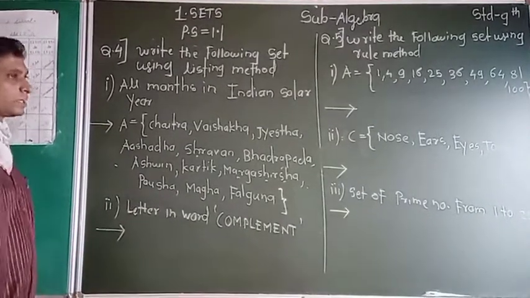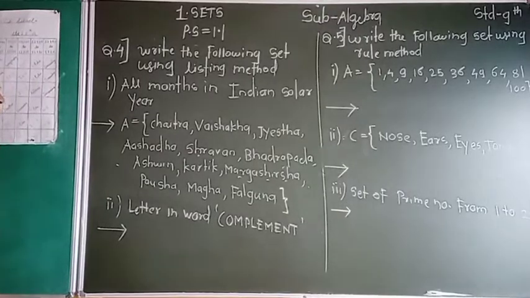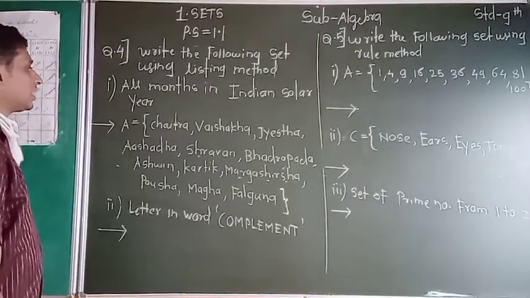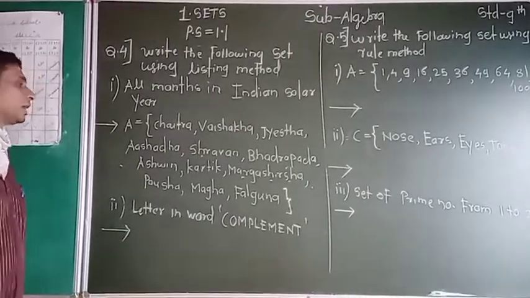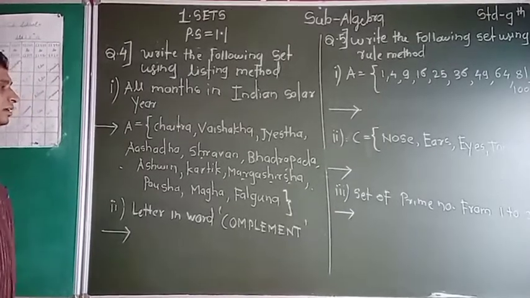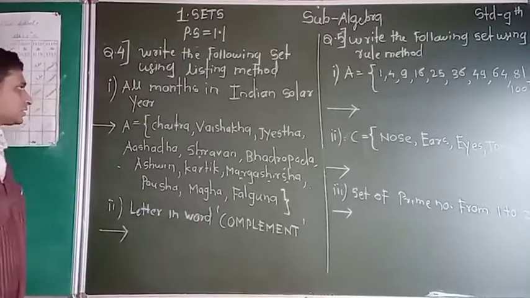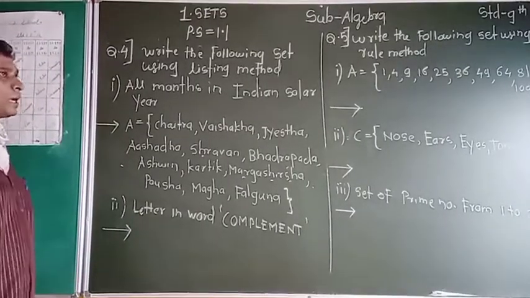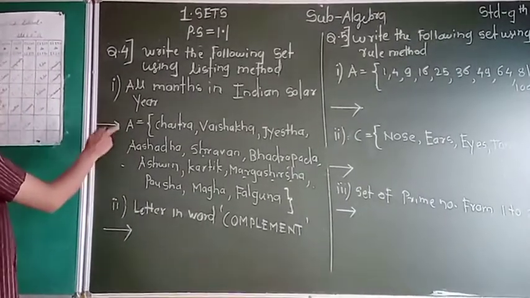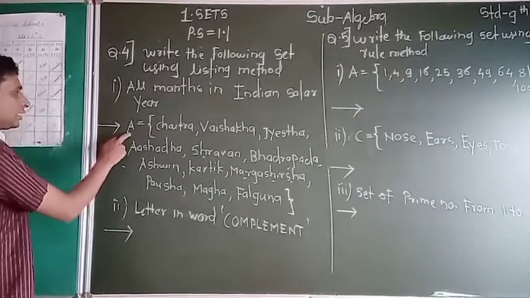First, we have to know the elements: Chaitra, Vaishakh, Jyeshtha, Ashadh, Shravan, Bhadrapad, Ashwin, Kartik and Margashirsha. These are the months in the Indian solar year. So how do we write them as a set? We write it in the listing method. First, we write the name of the set.